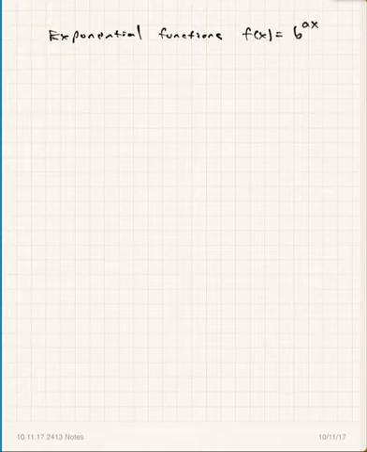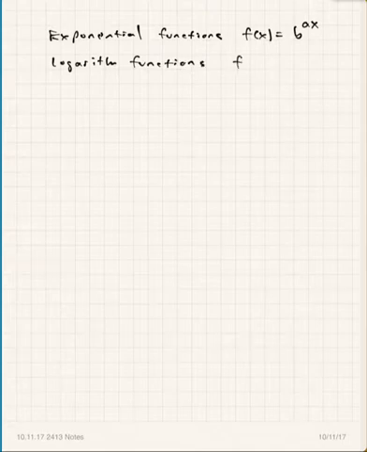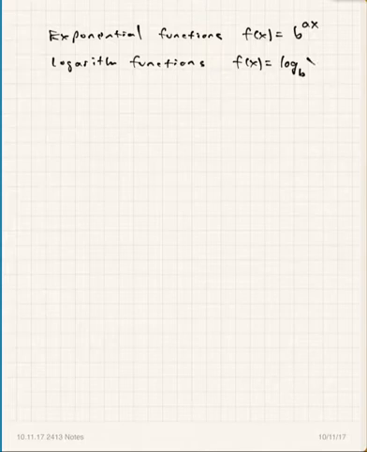The function gets to be exponential, quote unquote, because there's a variable in the exponent. And logarithm functions are functions that can be written in this form: f of x equals logarithm base b of x.